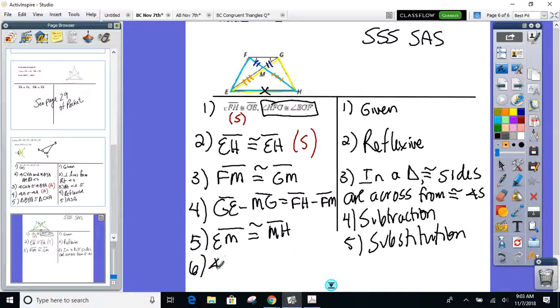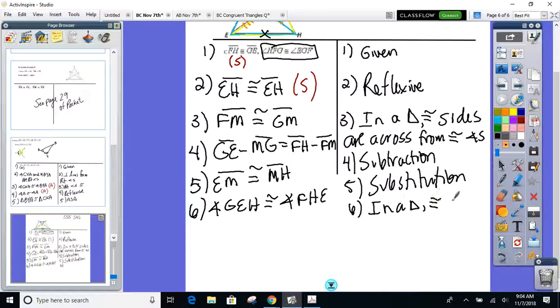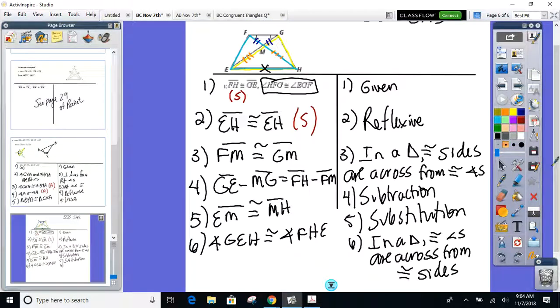Angle GEH congruent to FHE. And a triangle, congruent, what do we just prove? Angles are across from congruent sides. Now we have enough info because that gives me the angle I needed in side angle side.